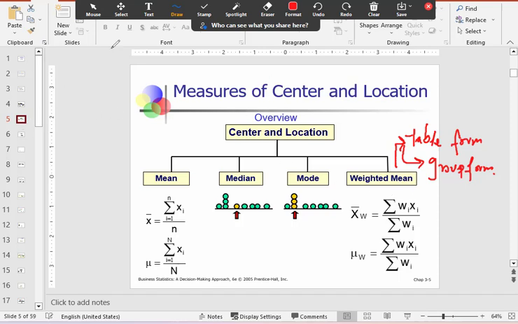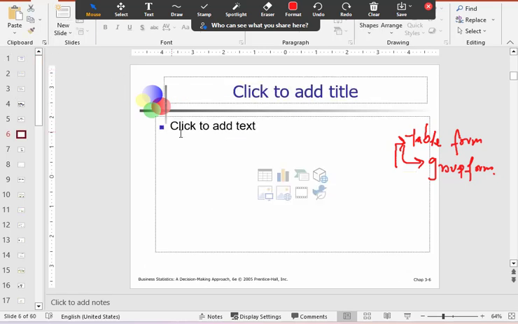For example, I will create one example before moving to the next topic. Let me run a screen. So let's draw an example here.